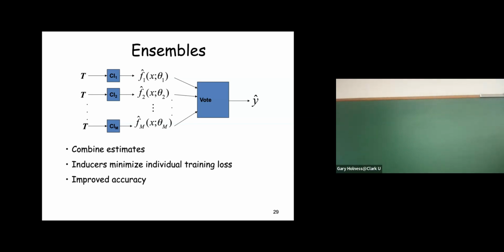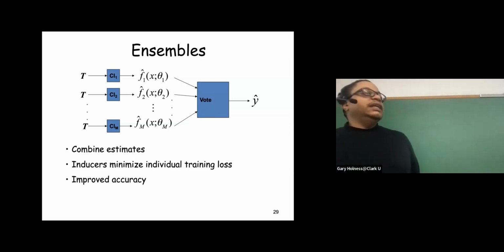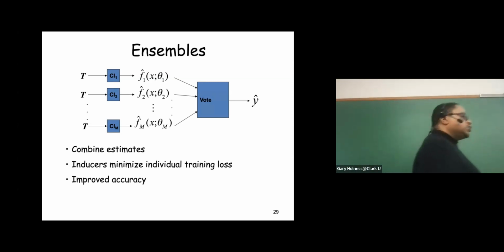when you input a new example. And so the goal of an ensemble is to improve the classification accuracy, this out of sample error, to drive it to zero as much as possible by combining votes, or the quote unquote label estimates or predictions, from each one of the component classifiers in your ensemble.